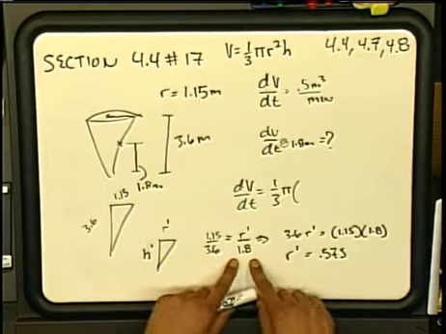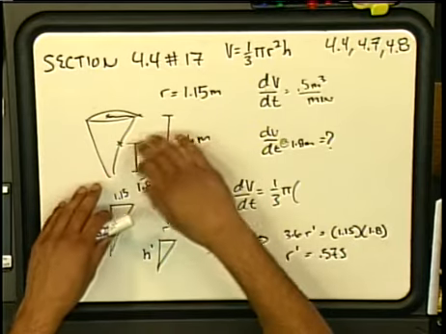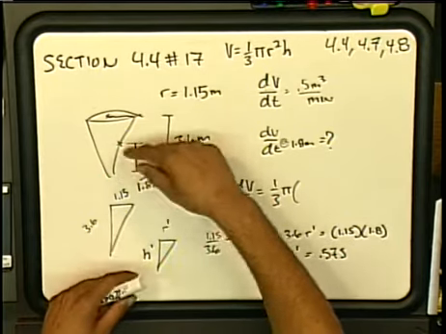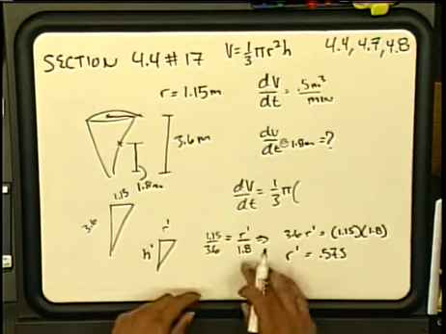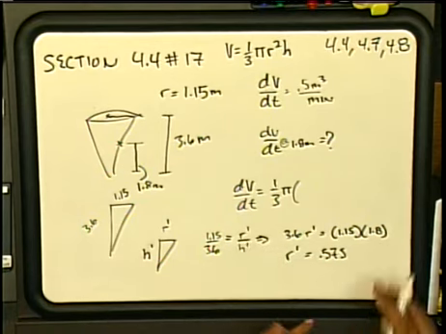You don't want to just solve it for one point. You want to set up the equation so you can solve it for any height where the rate of volume is changing. So take that 1.8 out and put H prime.